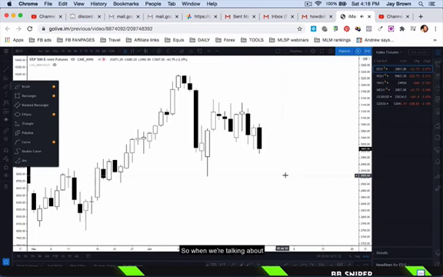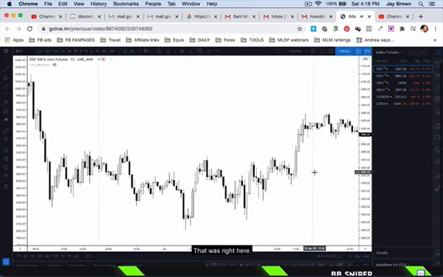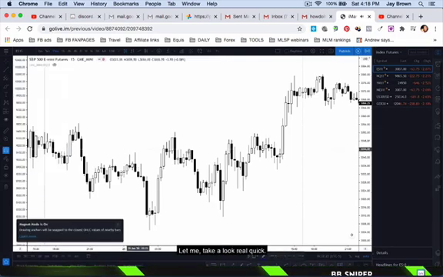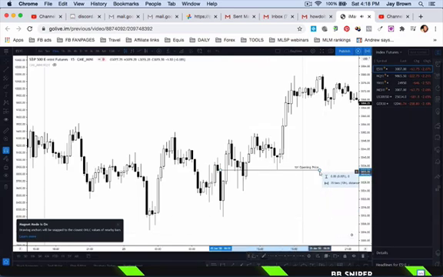So when we're talking about the London Open and New York Open, I did give you one example, the trade that I showed you, where let's actually go back to that really quick. That was right here. I mean, actually, you know what? I might have that preset. Let me take a look real quick. So here's our 8:30. Let me see if I have that actually. I do. Boom. New York opening price.